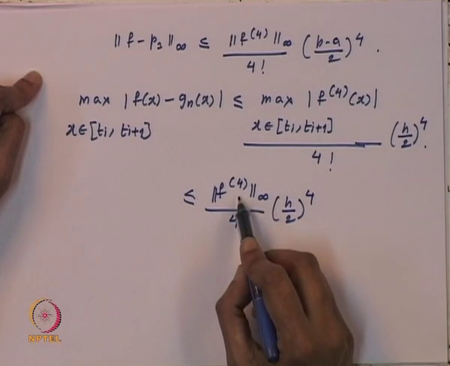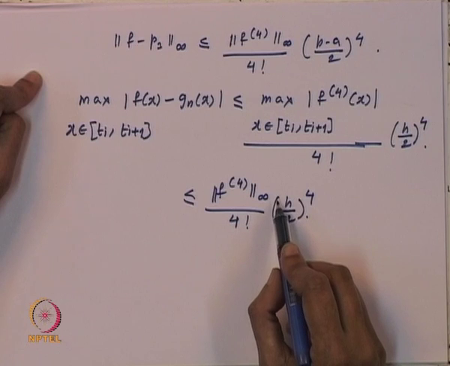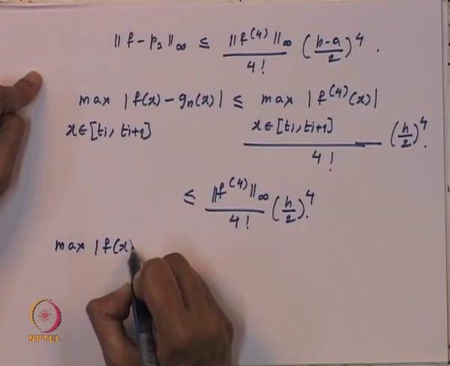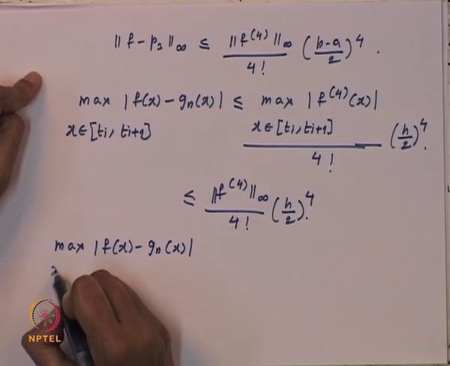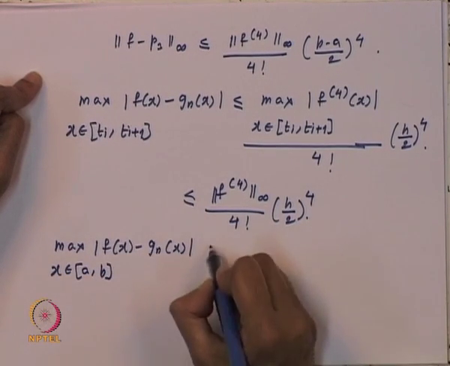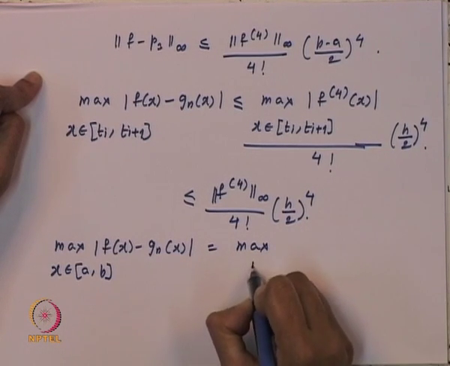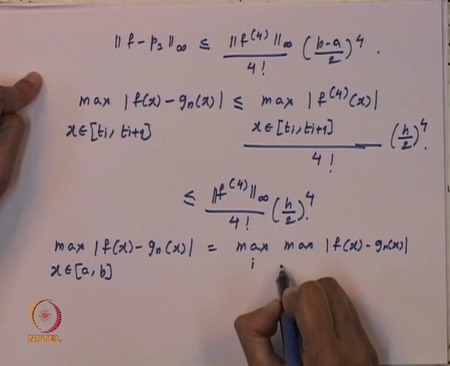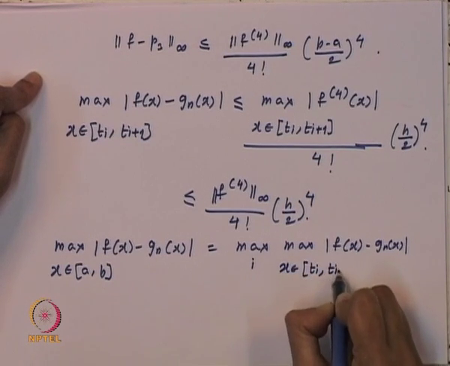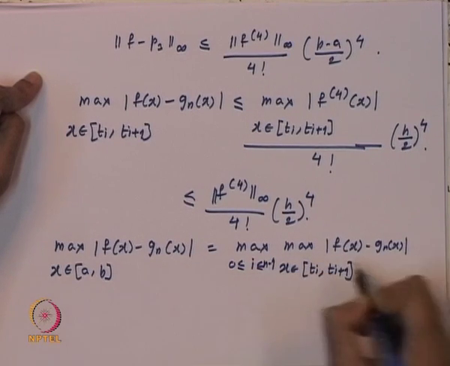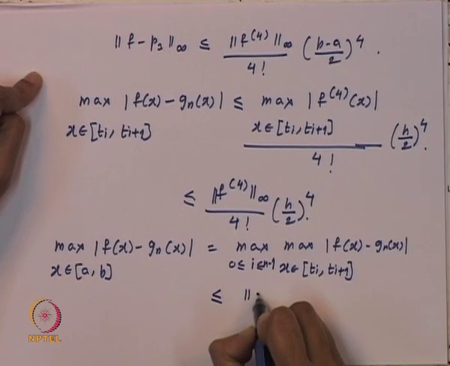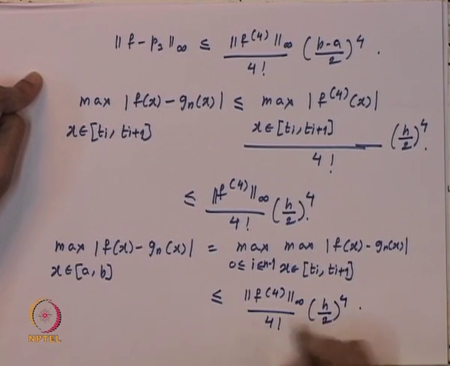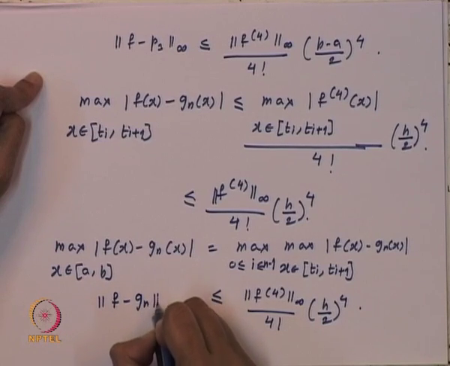Now, this will be less than or equal to the infinity norm of f^(4) divided by 4! times (h/2)^4. The bound which I am writing now is true for each i, and hence when we look at the maximum of |f(x) - g_n(x)|, x belonging to [a, b], this is equal to the maximum over i, for 0 <= i <= n - 1, of the maximum of |f(x) - g_n(x)|, x belonging to [t_i, t_{i+1}], which will be less than or equal to the infinity norm of f^(4) by 4! times (h/2)^4, and this is the infinity norm of f - g_n.